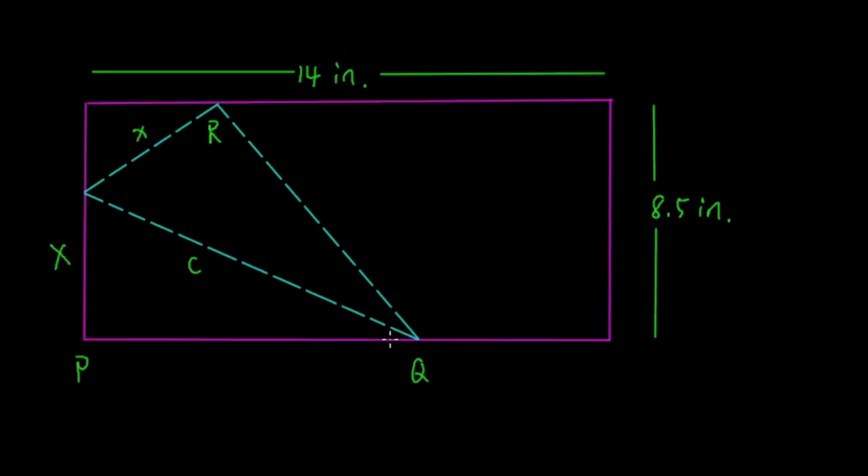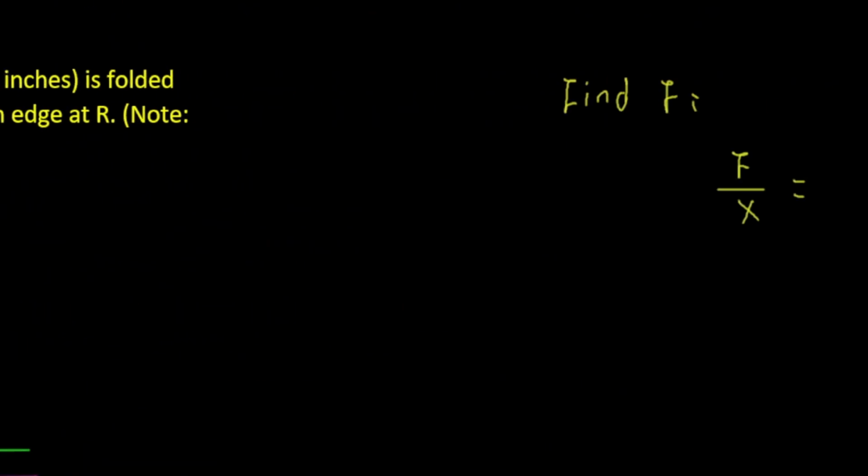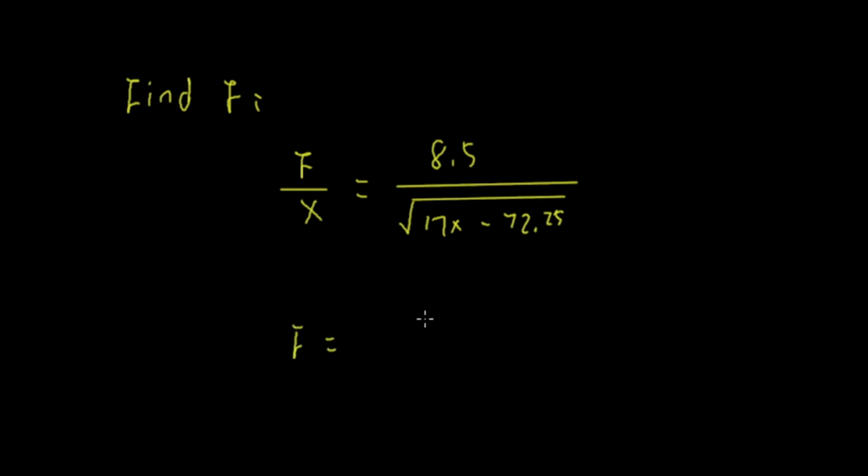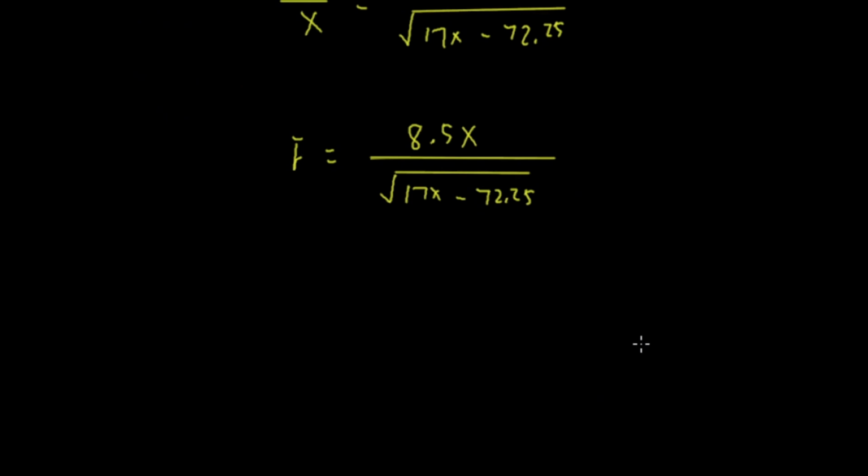Okay, let me write this. Now, to find f, just multiply both sides by x. It will be 8.5x over square root of 17x minus 72.25. Okay, that's f.